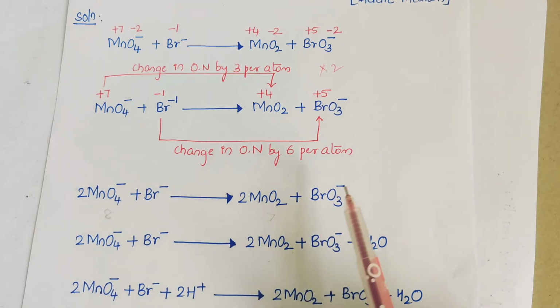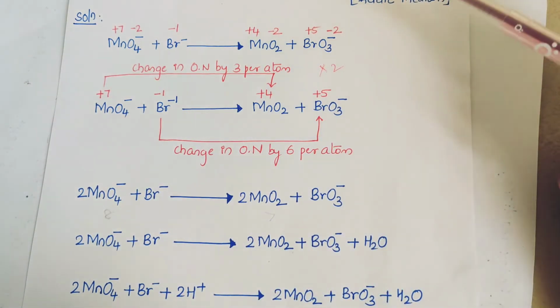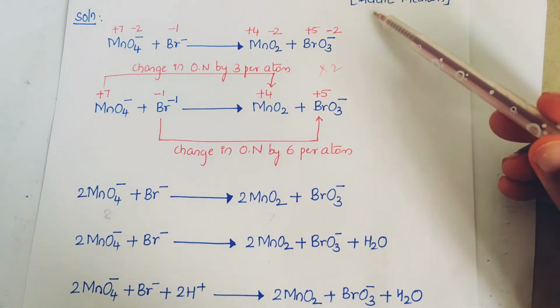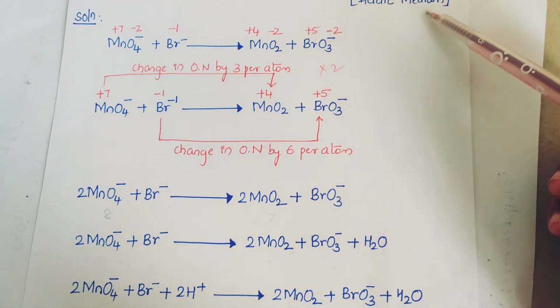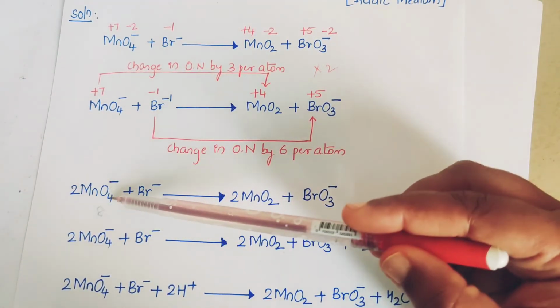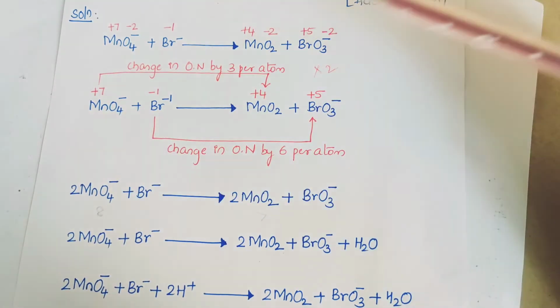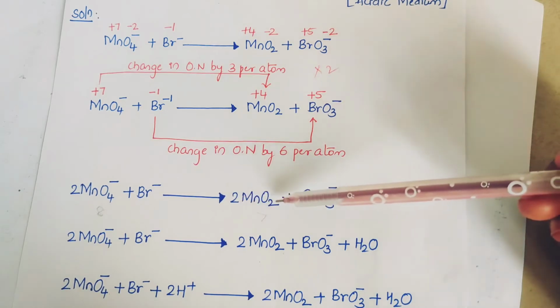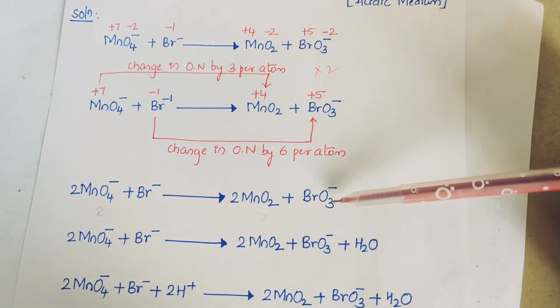Next is to balance the oxygen atoms. So to balance the oxygen atoms, you are checking the medium in which it is carried out. Okay, so as the medium is acidic, here you have 4 2s are 8 oxygen atoms on the left side. On the right side what you have is 4 2 2s are 4, 4 plus 3, 7.